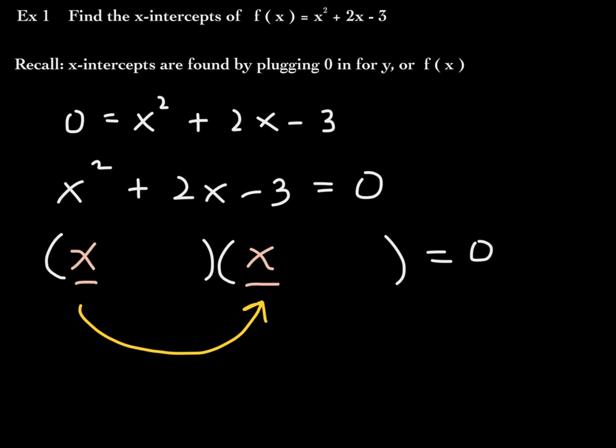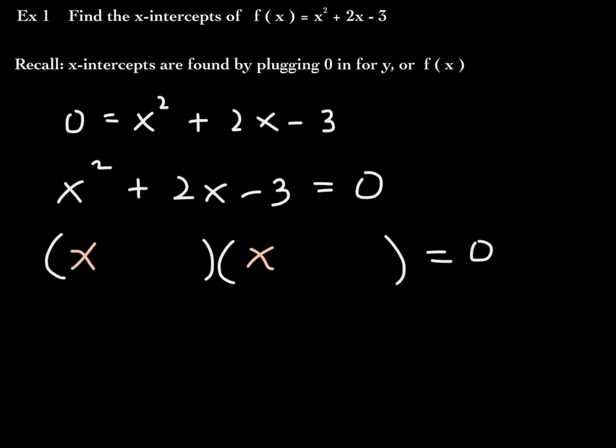So that's exactly how this factorization begins. The next thing I want you to consider is whatever you write here and whatever you write right here must multiply to give you negative 3. Wait a minute. The only way a product like this will give you a negative output is if the signs are different.